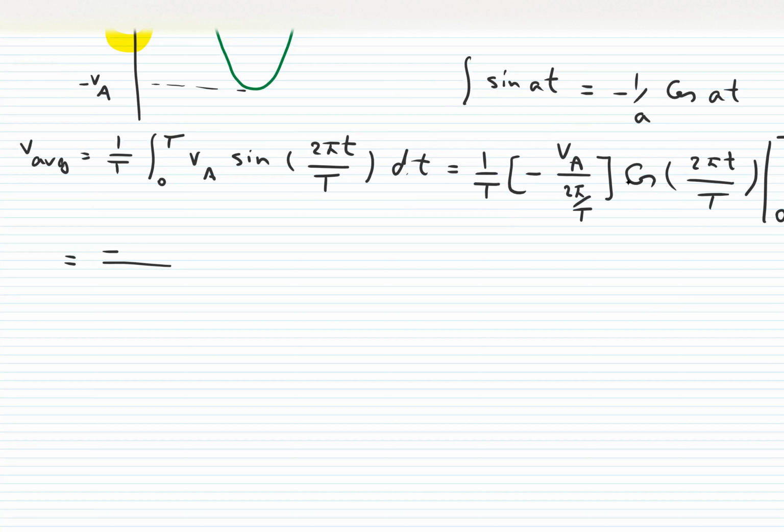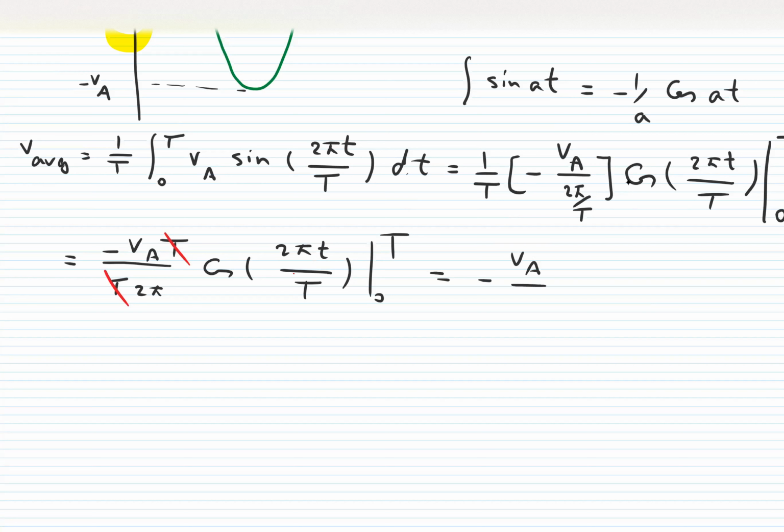So it is negative VA T over 2 pi cosine of 2 pi t over T for 0 to T. These T's cancel each other, and we will have minus VA over 2 pi times cosine of 2 pi minus cosine of 0.